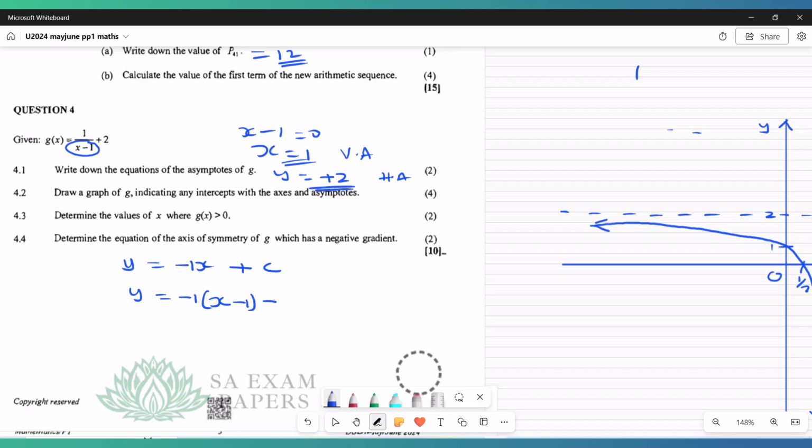So we're going to have negative 1x plus 1 plus 2, which gives us our answer: y equals negative 1x plus 3. That's our answer for 4.4. Hope we are together. Let us proceed. Next question.